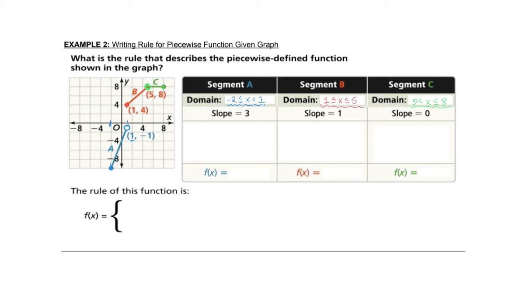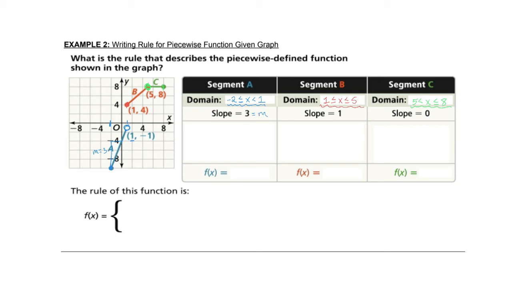Then you need to figure out the slope. In this case, I gave you the slope here. Part A has a slope of 3. You can tell it goes up 1 to the right 1, so m equals 3.